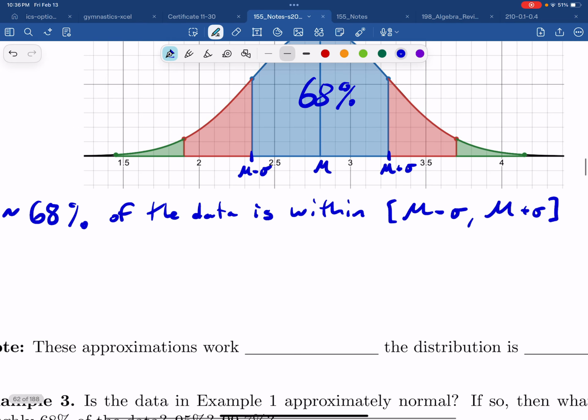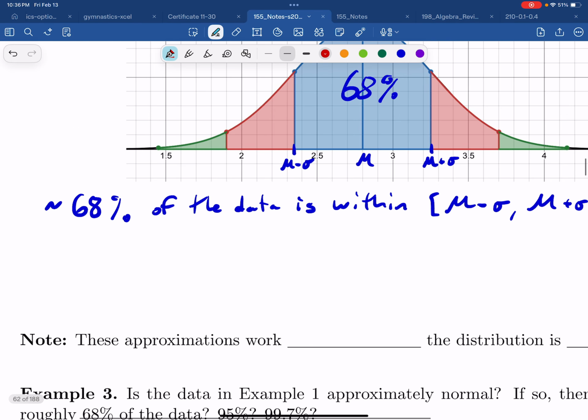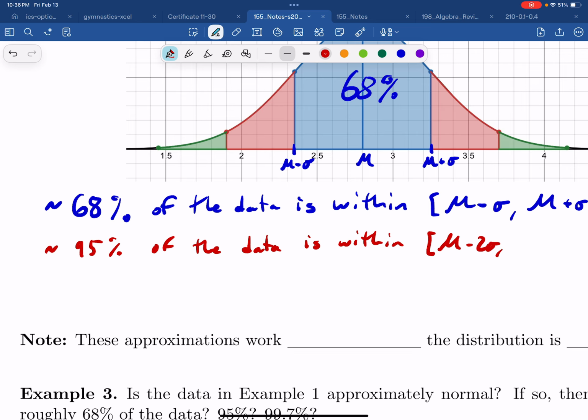Okay. If your distribution is roughly normal, and you want to know about two standard deviations, it turns out roughly 95% of the data is within the interval mu minus 2 sigma to mu plus 2 sigma.